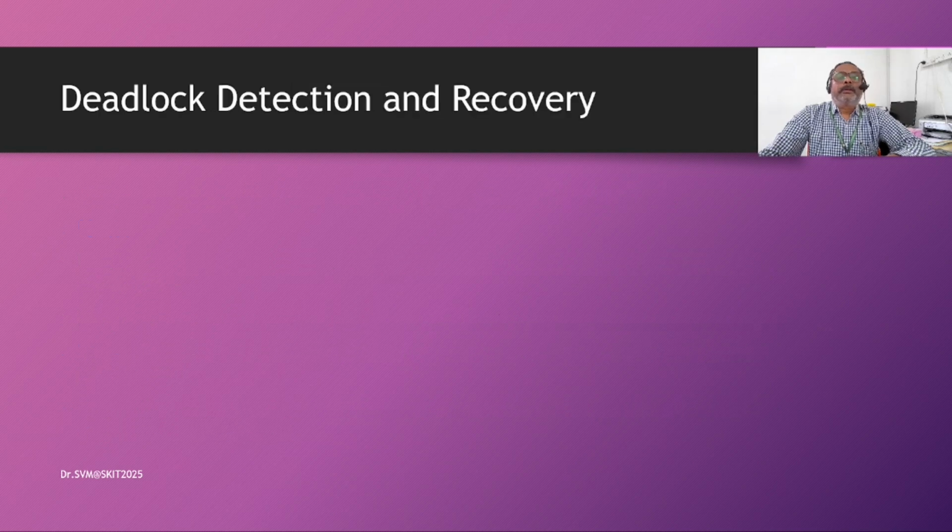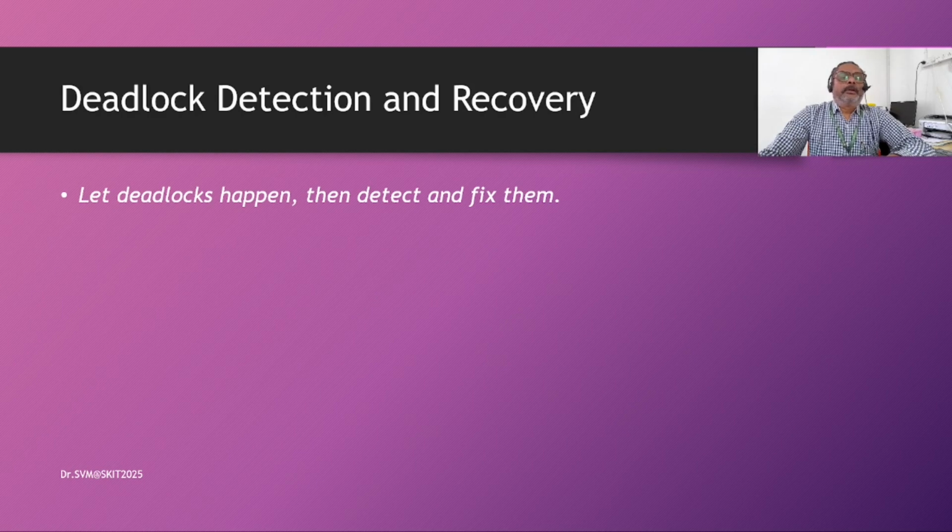The third one: no issue, can't prevent, can't avoid, okay, let it happen. Deadlock can happen. So if deadlock happens, let us detect whether deadlock occurred, and if it occurs, let us recover from it.